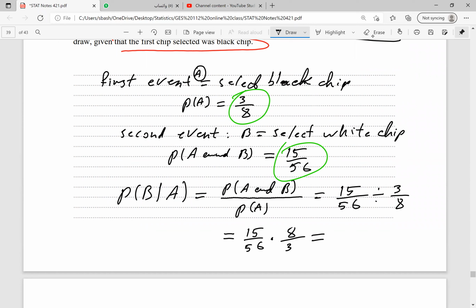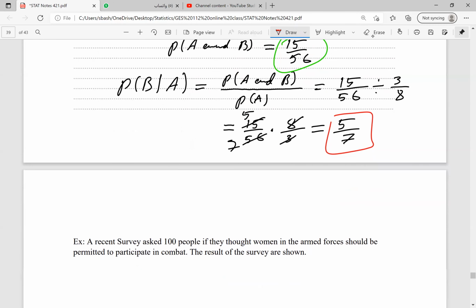If I simplify, 8 with 56 gives 7, and 3 with 15 is 5, so it is 5 over 7. So the answer is 5 over 7. This is a direct application of the rule of conditional probability.